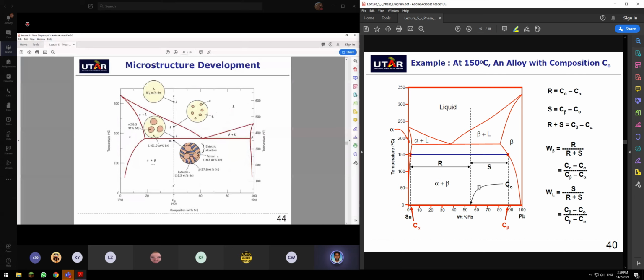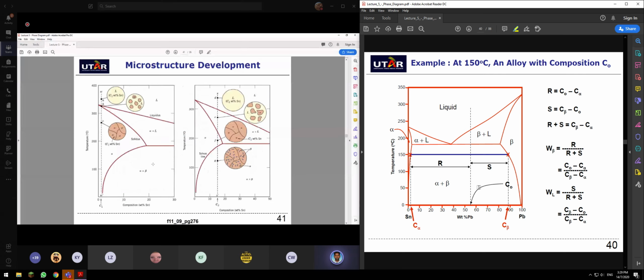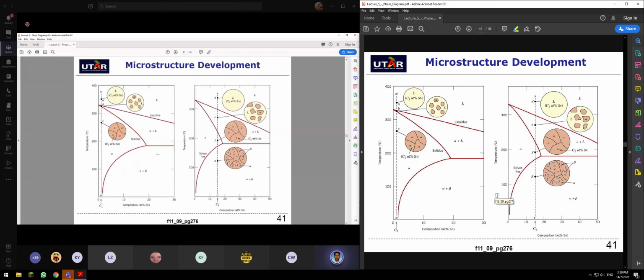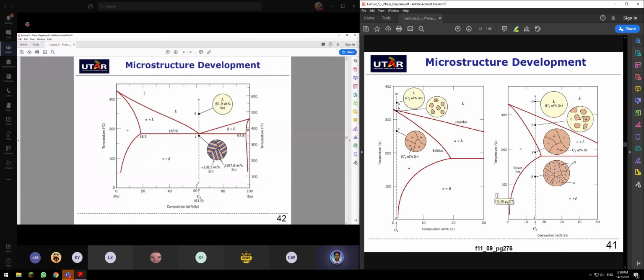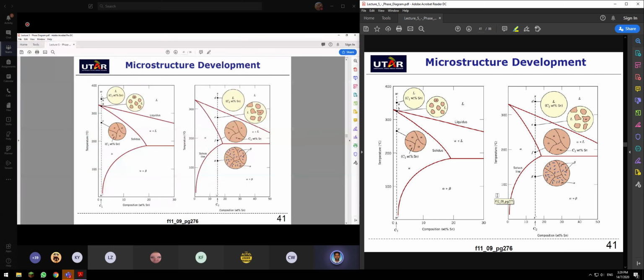Okay, almost done. So if you look into microstructure analysis, for example, in this binary eutectic reaction, here we are in liquid form, liquid solution. For example, composition 1 has a certain weight percentage of stannum, tin, so it is pure liquid form.